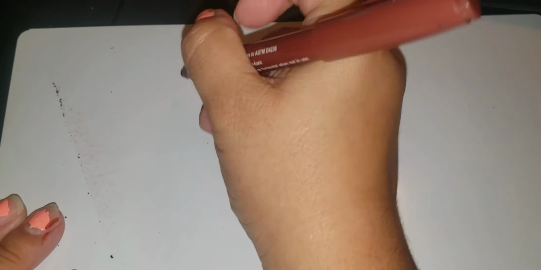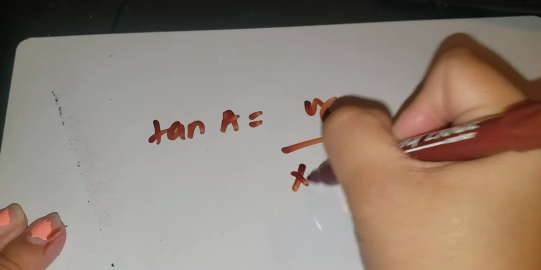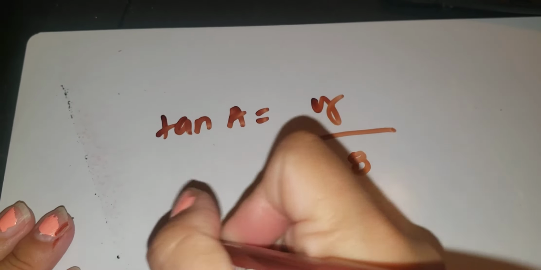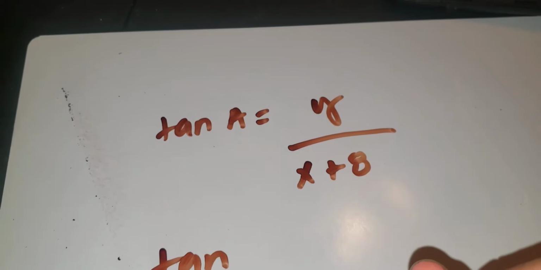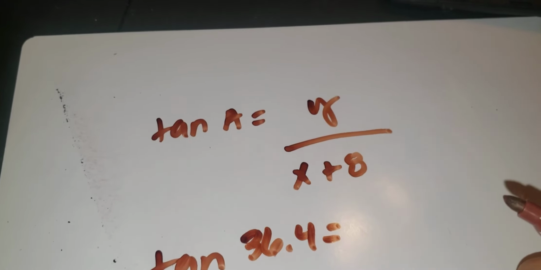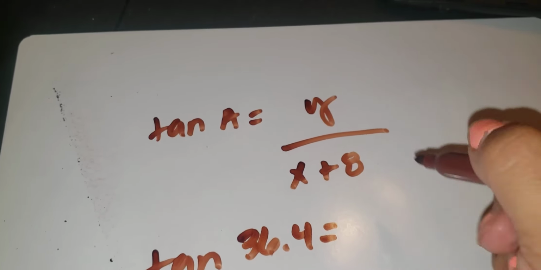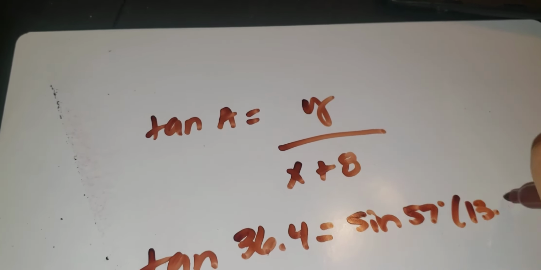So now I'm going to use tangent. So tangent of angle A is opposite, which is y, over adjacent, which is x plus 8. But remember, I know a lot of this stuff now. Tangent of angle A, well, angle A we said was 36.4. Y we said was sine of 57 degrees times 13.5.